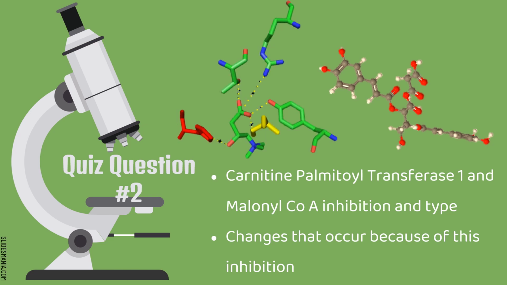This one is CPT1, and this one is malonyl-CoA. I want you to give me specifics on the type of inhibition this causes and what changes are made when CPT1 is inhibited. These changes can include, and are not limited to, physical changes, chemical changes, and rerouting changes in the pathway for beta oxidation.